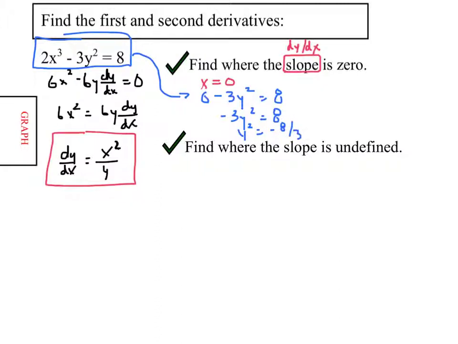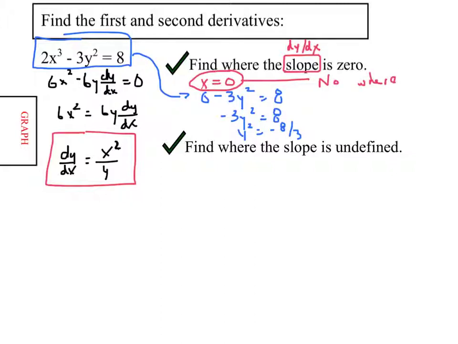Well, the problem here, of course, is we can't take the square root of a negative without getting into imaginary numbers. So it doesn't work. So this is kind of tricky in that what we said was x had to be 0, but when we plugged 0 in, it doesn't work, meaning there is no place where the slope is 0.